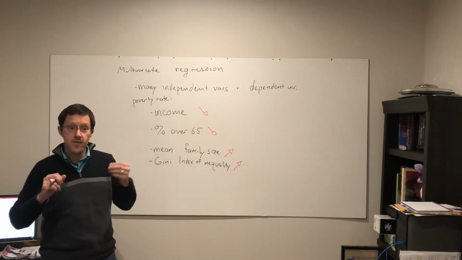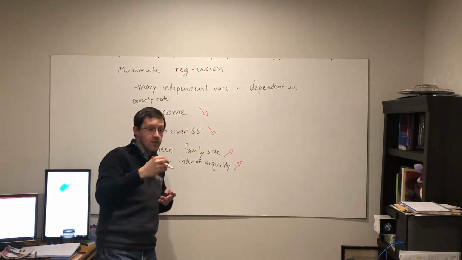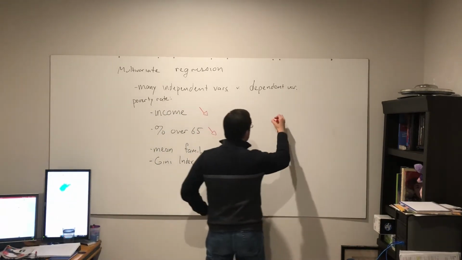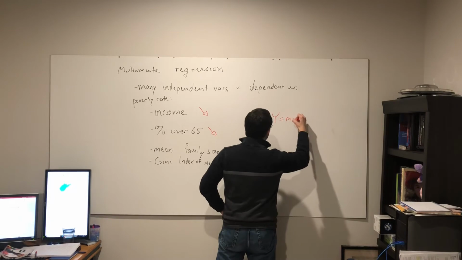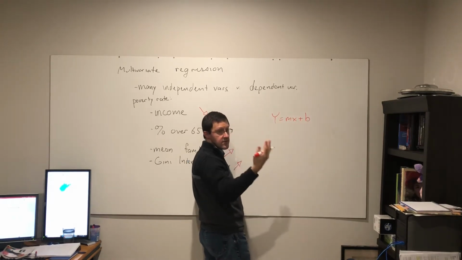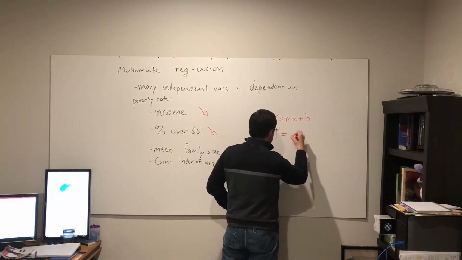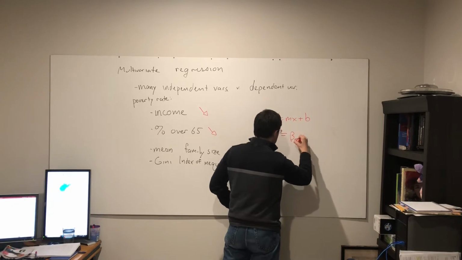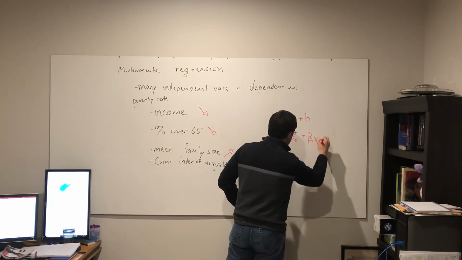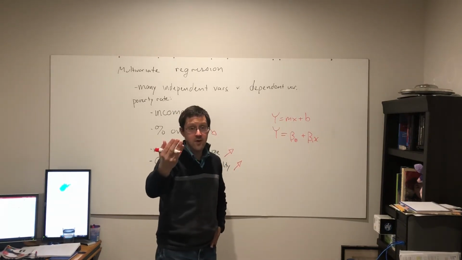Behind the scenes, the mathematics is pretty similar. It becomes more complex because we have, if you remember, geometrically y equals mx plus b, or y equals an intercept plus a coefficient times our independent variable.